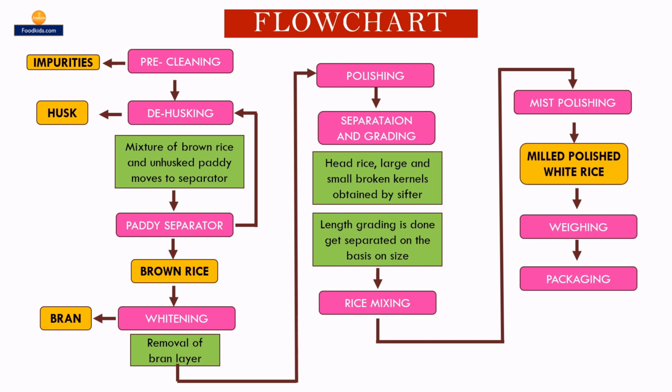So when the harvested paddy reaches the mills, the very first step is pre-cleaning of the paddy. Here impurities are removed using different pre-cleaners on the basis of shape and size.